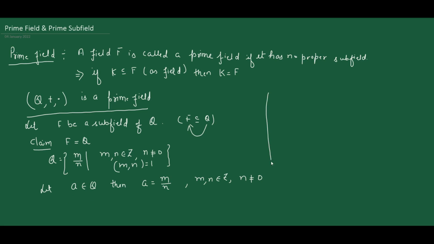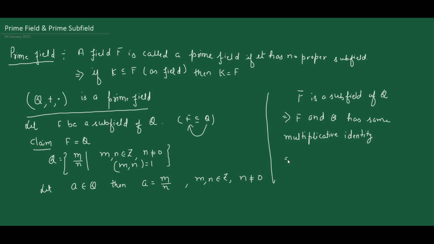Now see here, since F is a subfield of Q, the set of rational numbers, therefore F and Q have the same multiplicative identity.